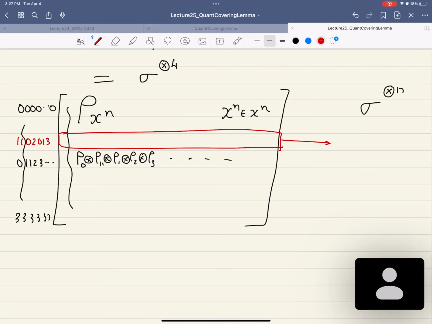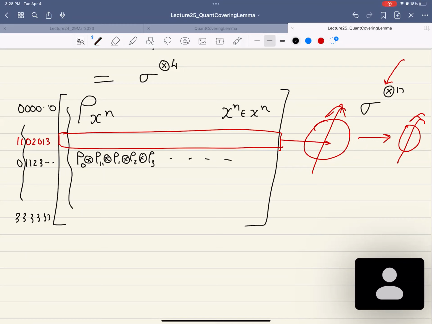I mean, he'll put his machine in these positions, he will prepare that big quantum state, and he'll give it to Bob, correct? The output that Bob will see on his classical register will be as though he has applied the measurement lambda on sigma tensor n. Do you agree? Exactly. So, great.